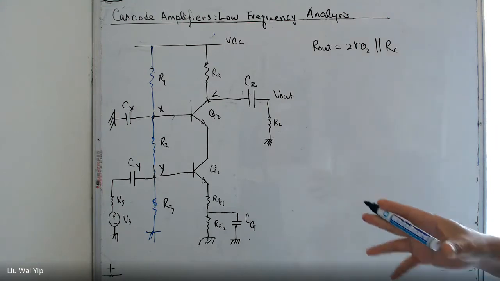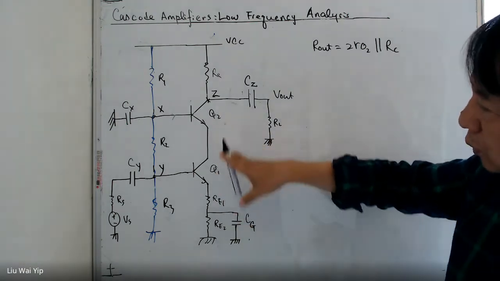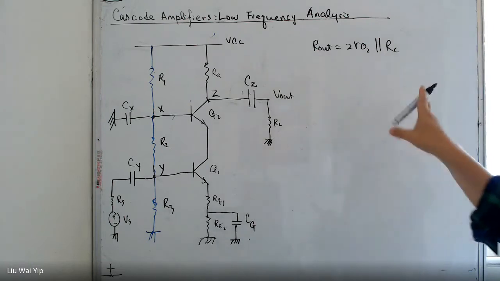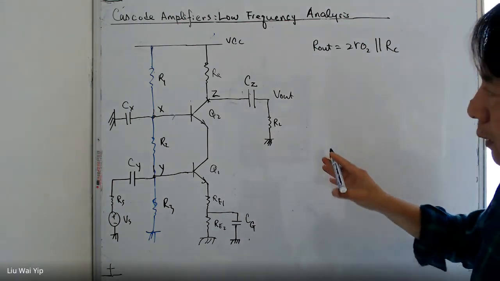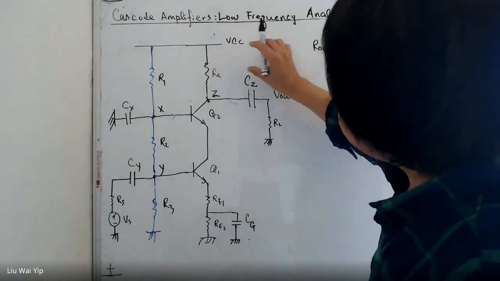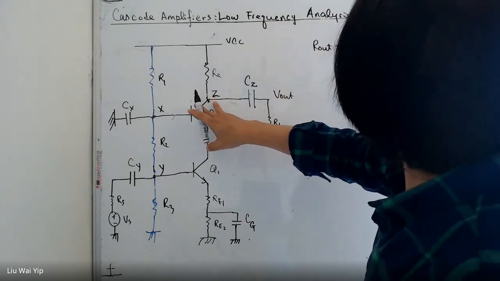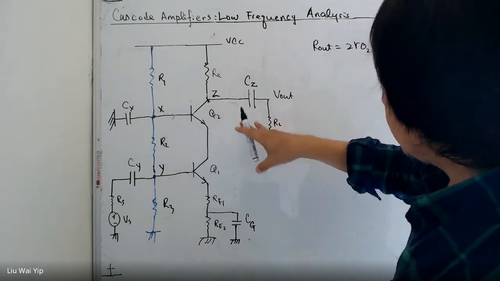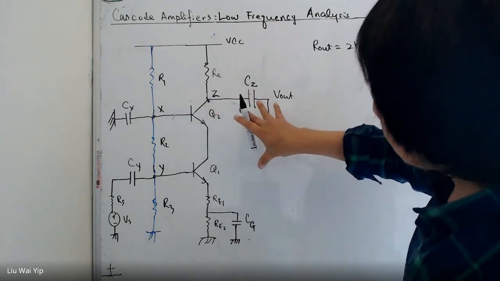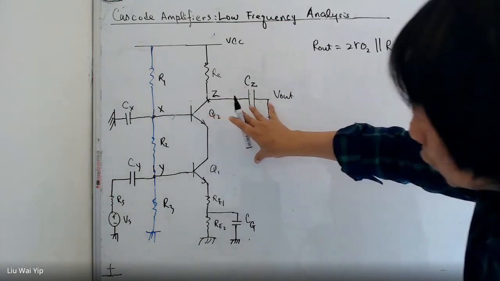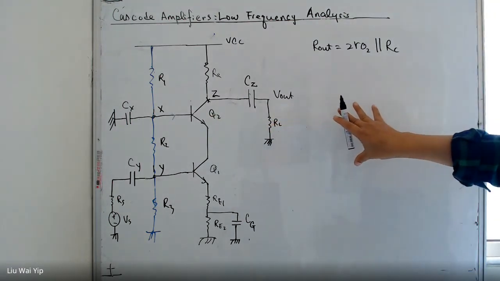We don't want to repeat all the analysis that you can see from other videos. The next thing that you need to look at is the equivalent circuit of the output. Now I'm going to draw the equivalent circuit of the output.